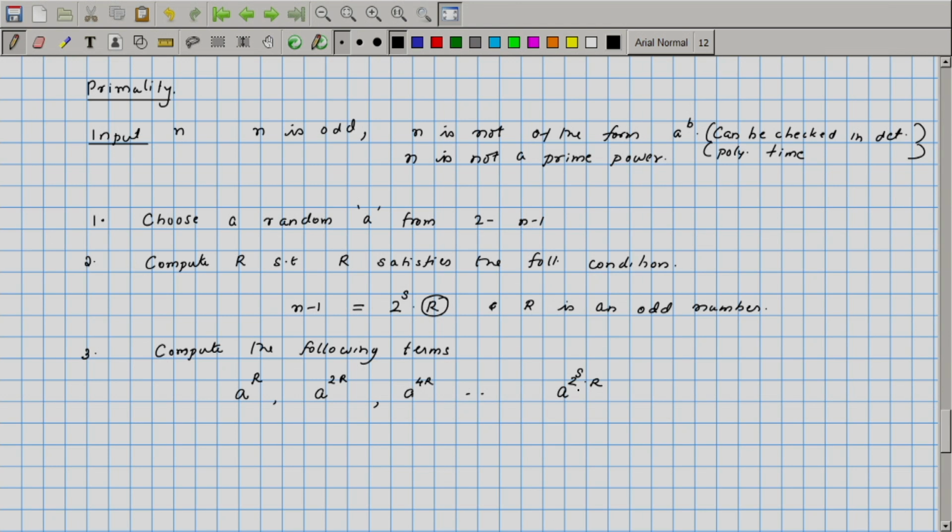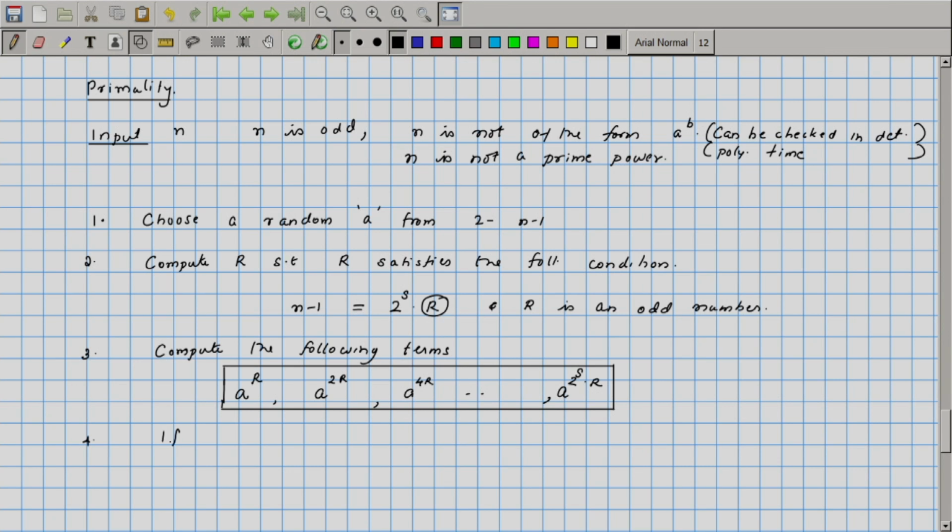Now, a to the 2 to the s times r should be equal to 1. Why so? Well, it depends on whether n is prime or not. So, we will compute these, and then based on the values that we have obtained here, we will look at them more carefully, and based on these values we will conclude whether the number is prime or composite.